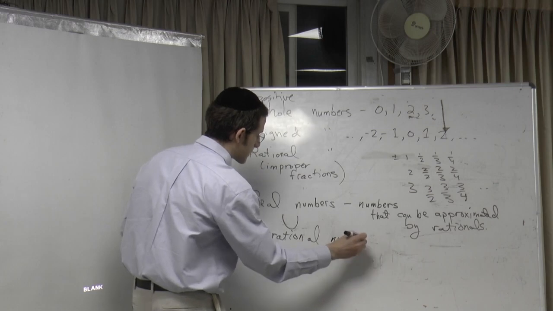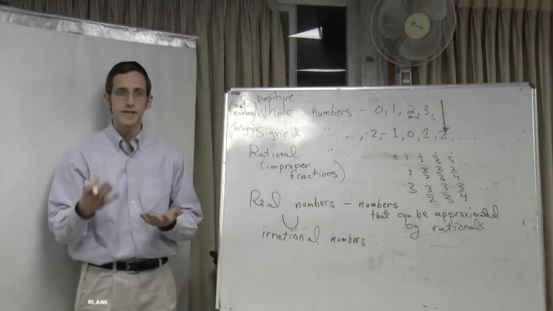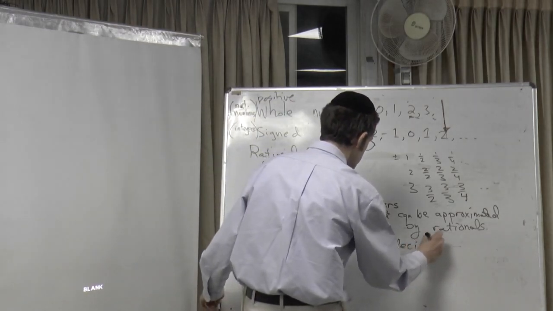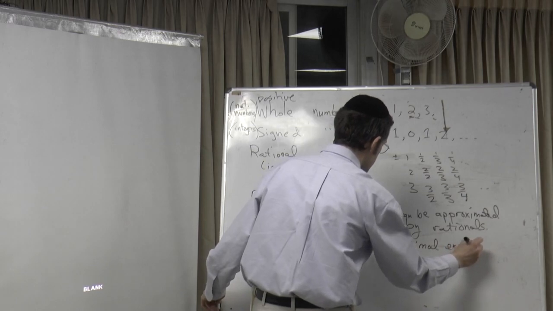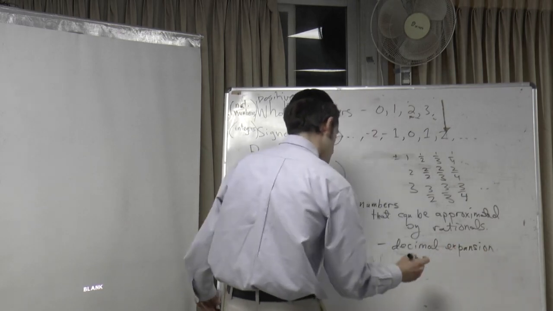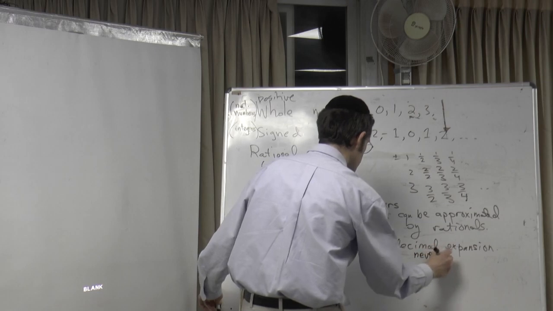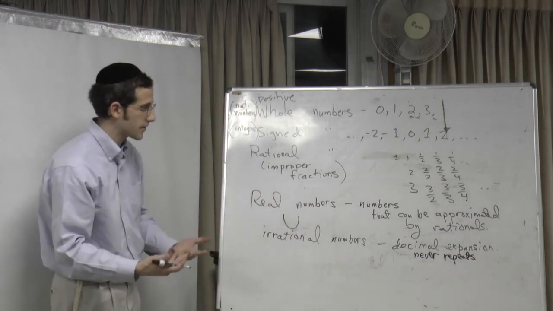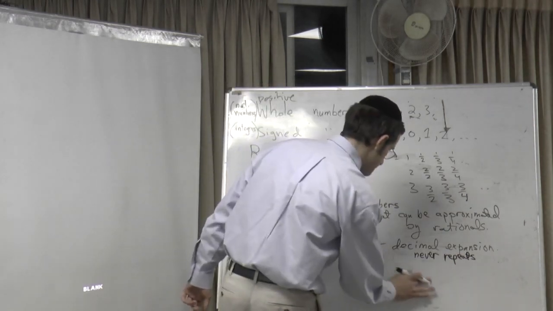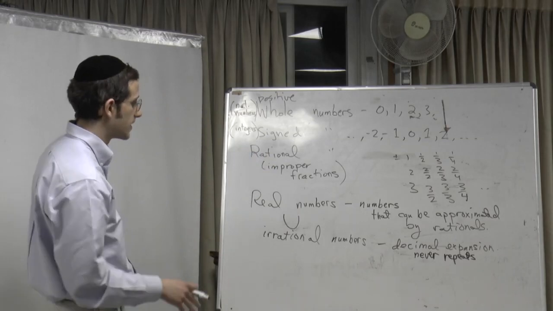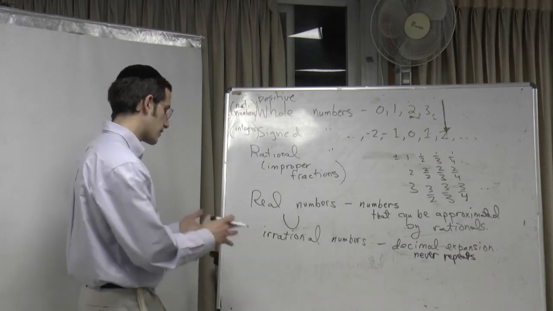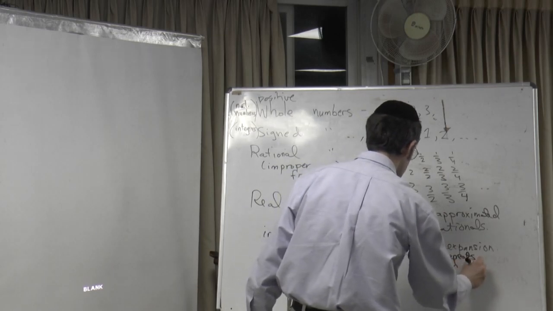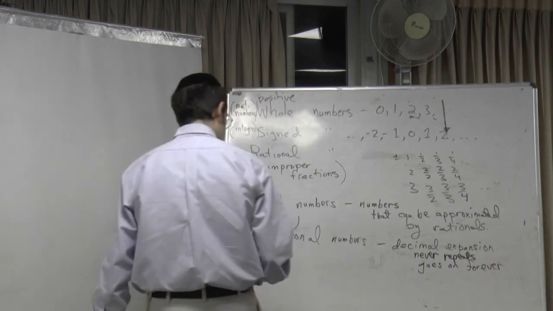These are the ones that when you write them in decimal expansion, the decimal expansion never repeats and never has any kind of pattern. It goes on forever, right? Okay.